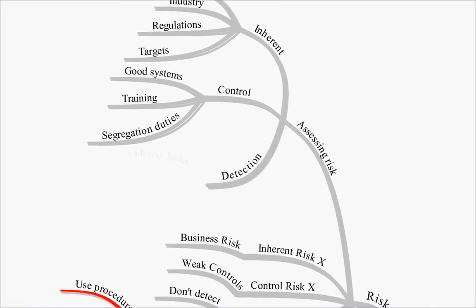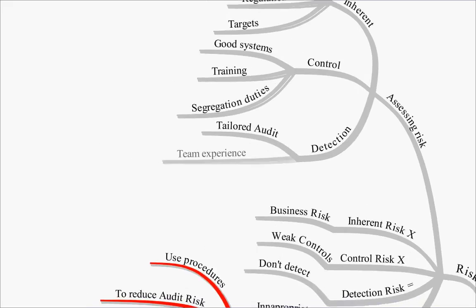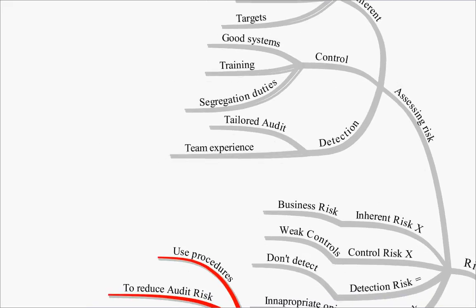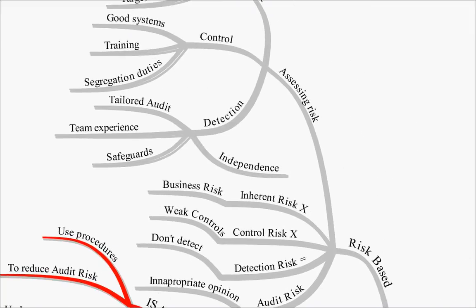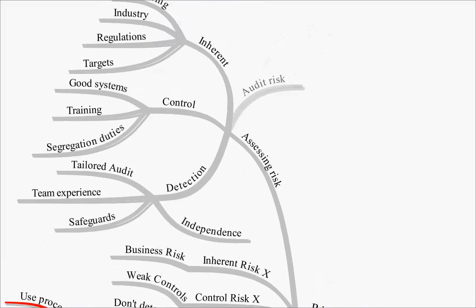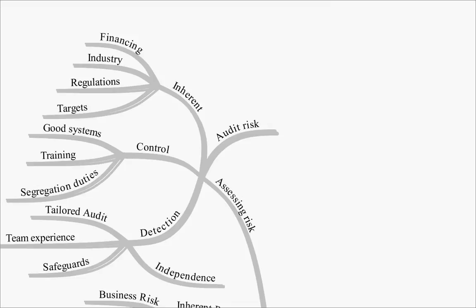Detection risk then, well, we'll see if we've got a tailored audit, if the team are suitably experienced, are there safeguards in place, and are we suitably independent. All of these will affect our detection risk. And that will all relate to our audit risk. Remember, that is the risk of an inappropriate opinion. Now we'll look at this in a little bit more detail whenever we look at planning.